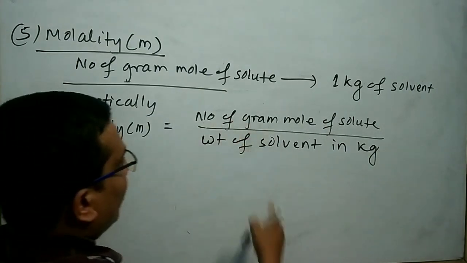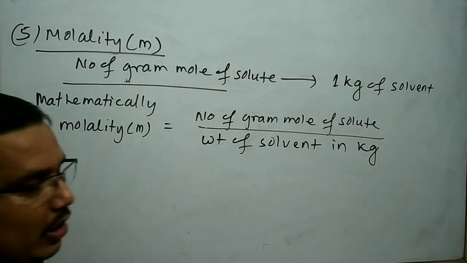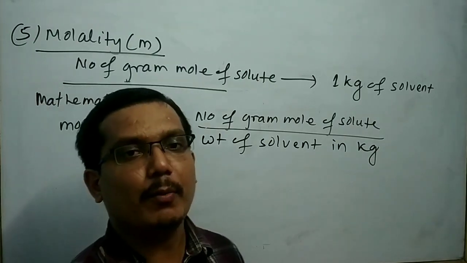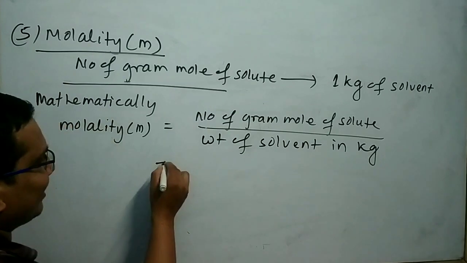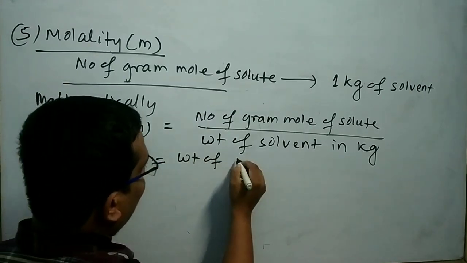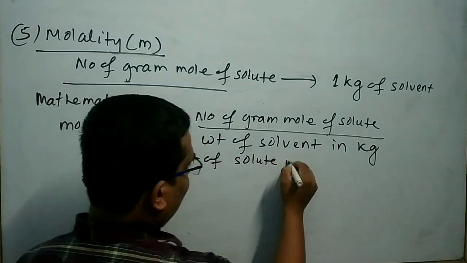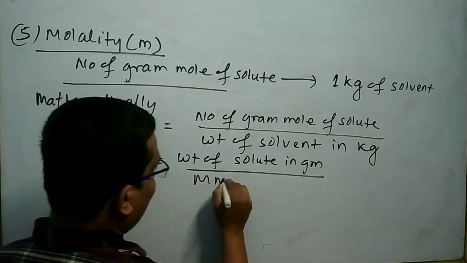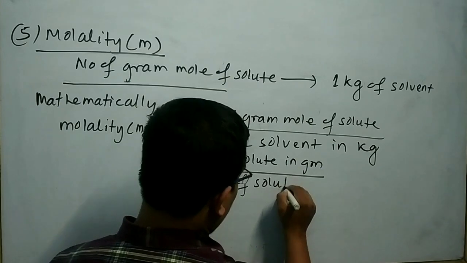We know that the number of gram mole of solute equals weight of solute divided by molecular mass. So I can write weight of solute in gram divided by molecular mass of solute.